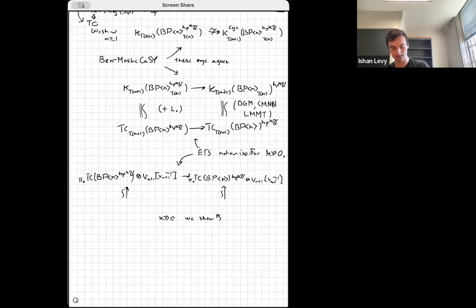So you can replace this comparison map with the same comparison map that you would have gotten if you replace this Adams operations with the trivial action. So namely, you're allowed to replace this Adams operations over here, which is a non-trivial action, with the trivial action, as long as k is sufficiently large. This is one of the key technical points.